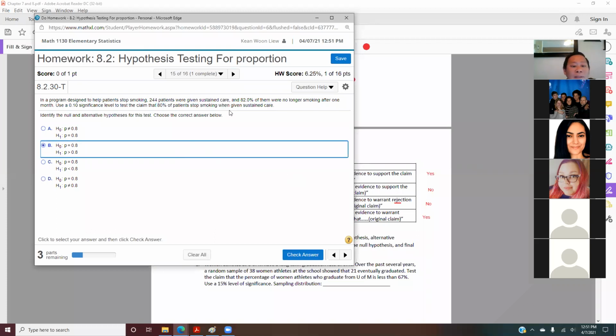Now, this question doesn't give us the word equal, less than, or greater than. Usually in my test, the claim has the word equal to, less than, or greater than. Since this question doesn't, it means they are testing for equal to. I just want to point out that this is a weird claim statement. I don't know why they do that.